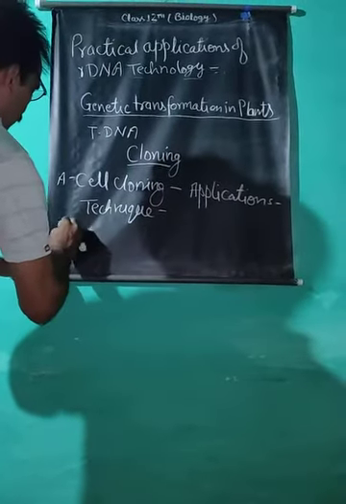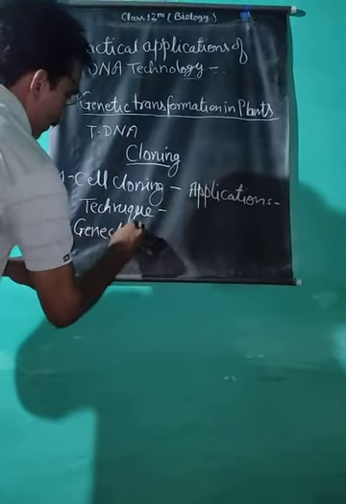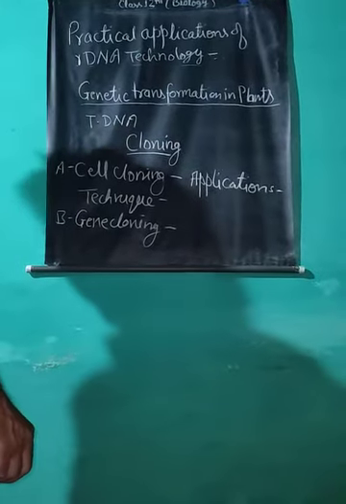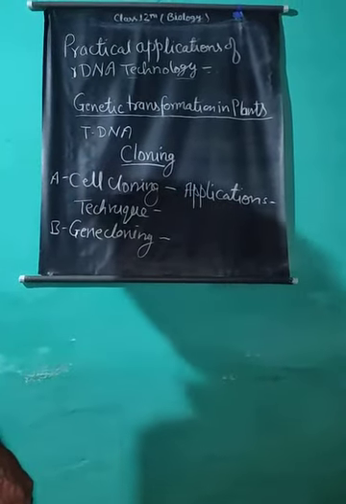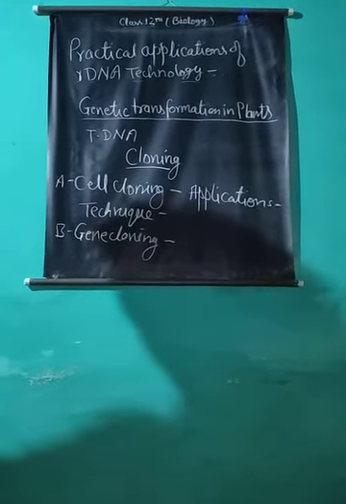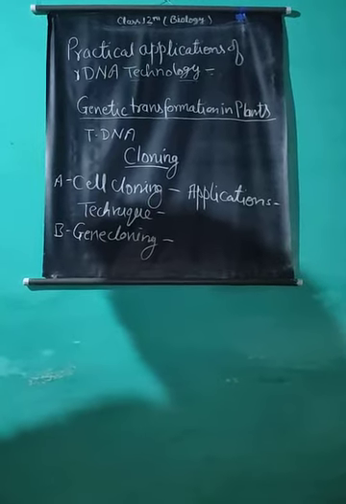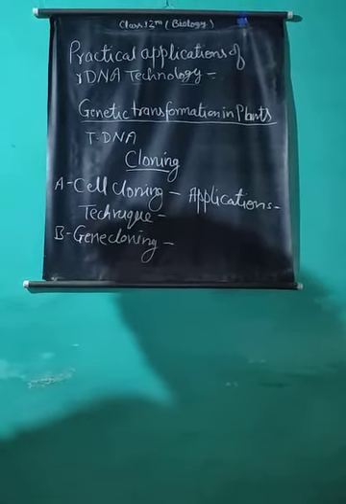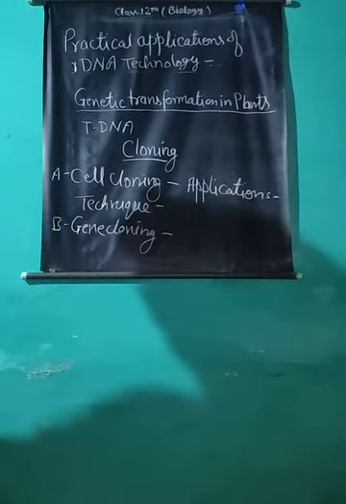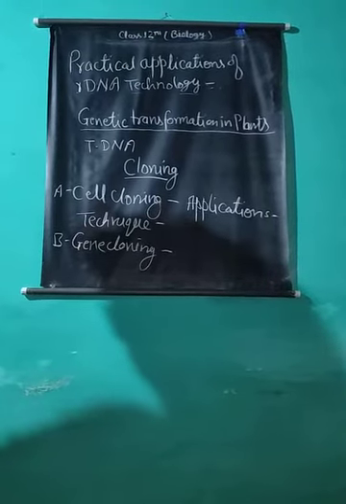Gene cloning. Production of multiple copies of a gene is called gene cloning. For this, the DNA segment to be cloned is inserted into a plasmid with the help of restriction endonuclease enzyme, a DNA cutting enzyme, and DNA ligase, a DNA joining enzyme.